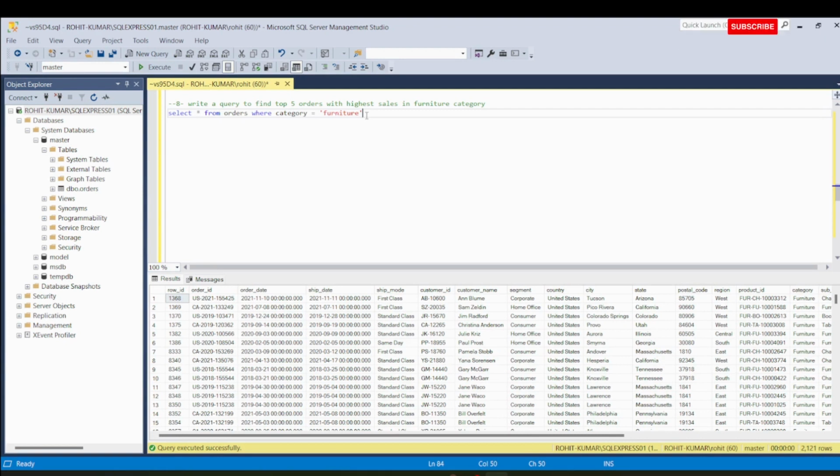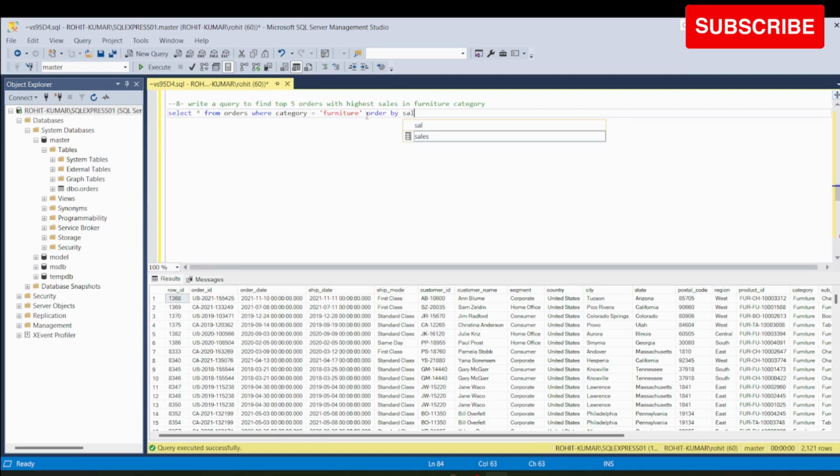So next, what is the condition? The highest sales. How are we going to find the highest sales? We have to use the order by clause, on the sales column, because it's mentioning we have to order by sales. Then only we will get the highest sales.